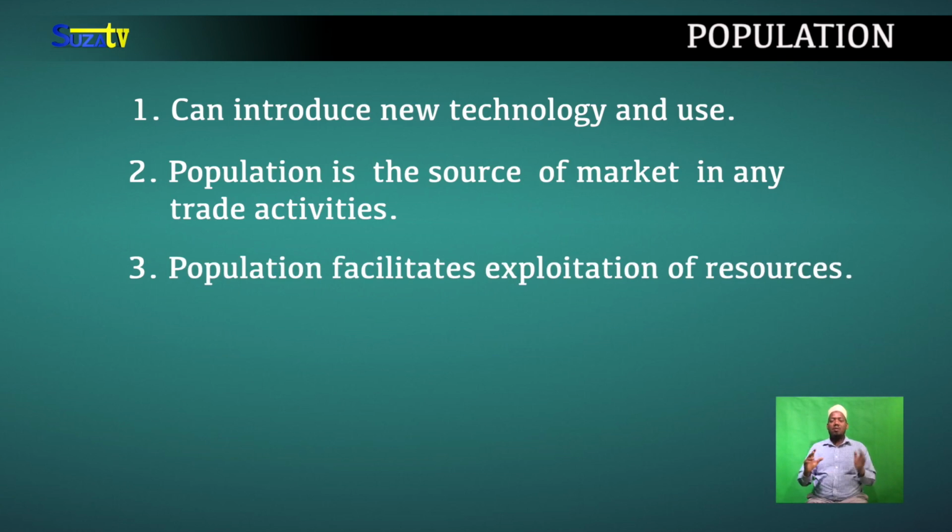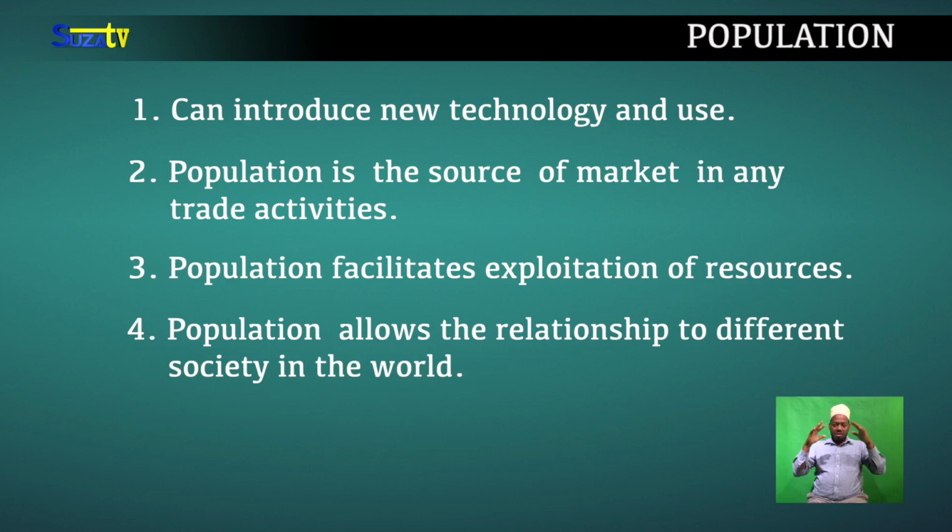Another, population facilitates exploitation of resources. This also is very important. Population, or a group of people, exploits resources. Another, population allows relationships between different societies in the world. Africa and Europe were related because of the people.